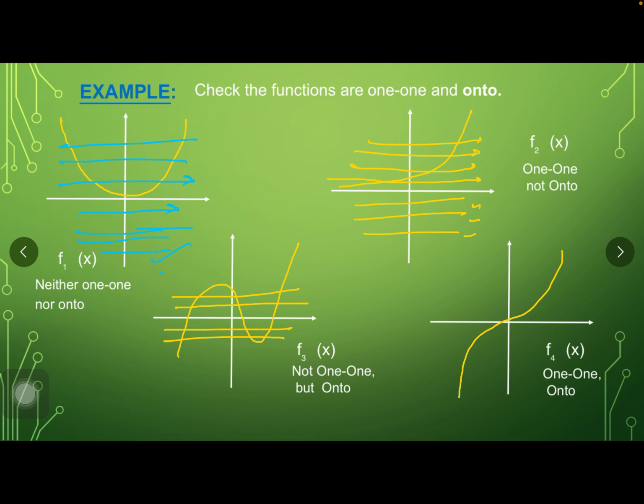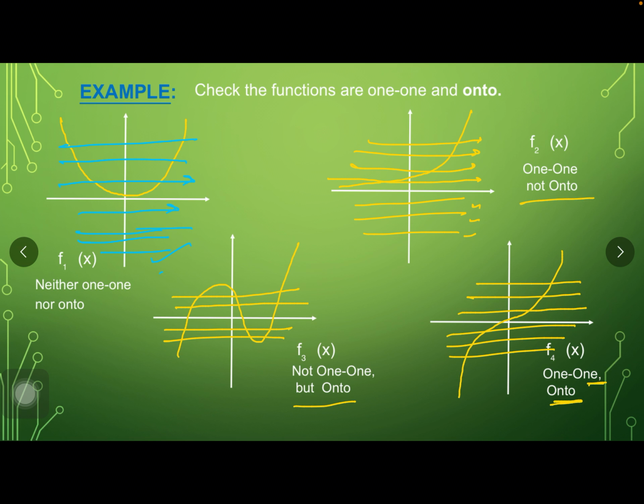Next, suppose our graph is this. What can we say about this? This is both one-one and onto. Why? Because it fulfills the condition of one-one: if we draw any horizontal line, it cuts our graph at only one point, and for onto, at least one point, our horizontal line cuts the graph.